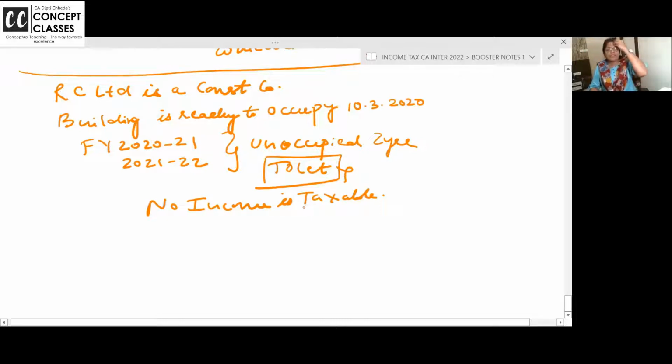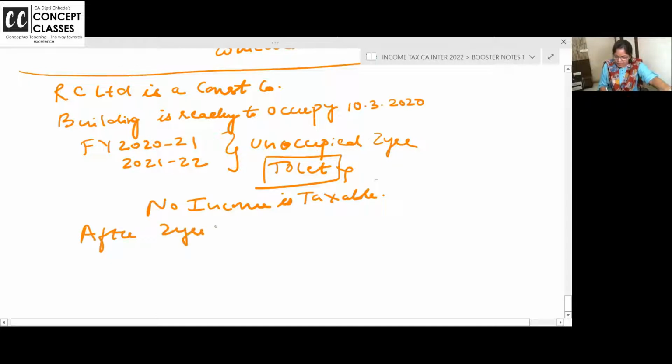But 12 months, no one came, and this is practically happening around us. Yes or no? Last 12 महीने से वो building के बाहर to-let का board लगा है and it's not occupied. So is it going to be treated as deemed let out? Do they have to pay tax? Answer is no for 2 years. Beyond that, if it is unoccupied, yes, it will be treated as deemed let out.